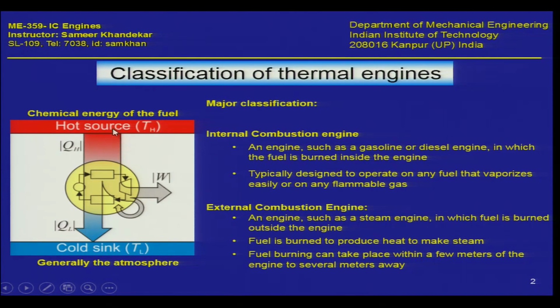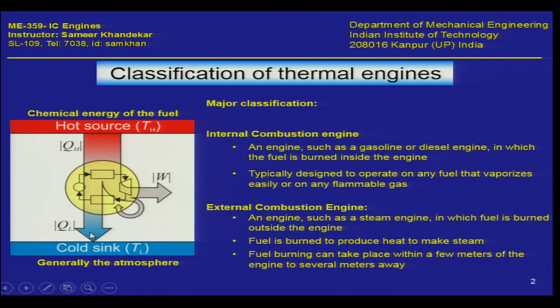The thermal engine operates between a hot source and a cold sink. This cold sink is generally the atmosphere outside, where the heat has to be dumped. Part of the heat which the engine gets has to be dumped there, and the reasons for this heat dumping are also known to you.